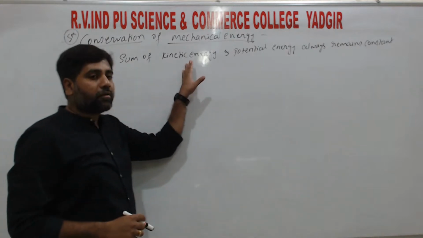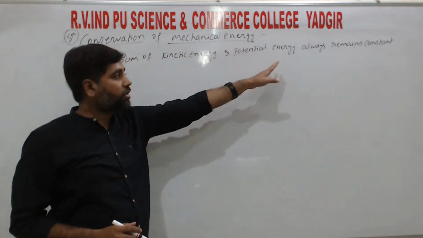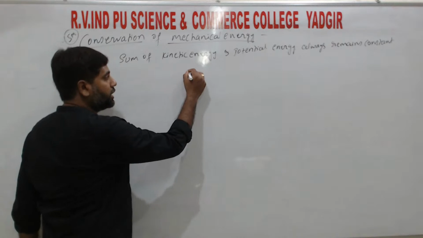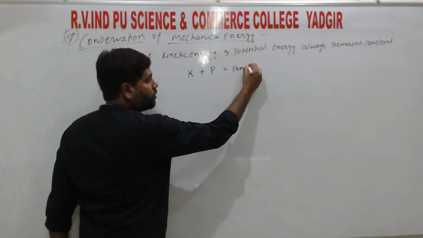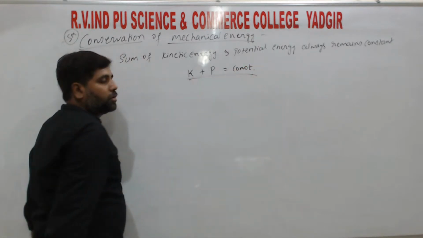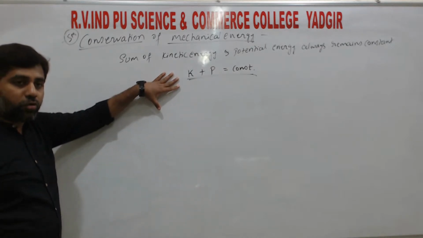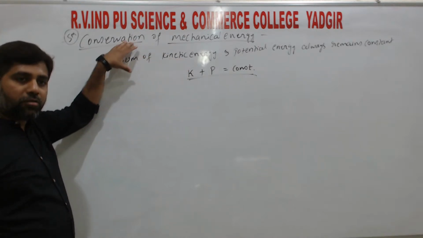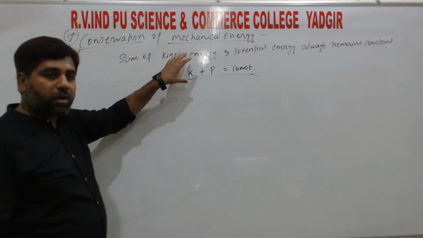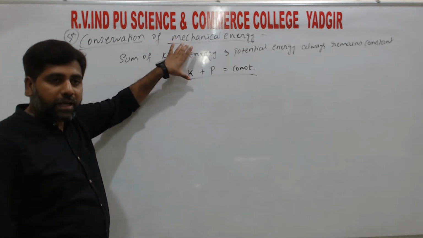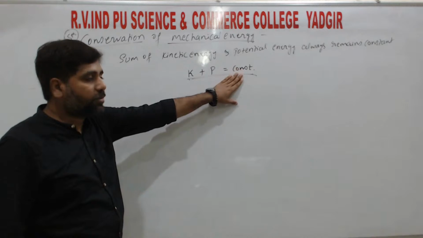So mechanical energy means we have the kinetic energy and potential energy. The sum of the kinetic energy and potential energy always remains the same, that is, kinetic energy plus potential energy equals some constant. In any case we consider, there can be conservative forces, right? Conservation of mechanical energy is obtained only if we prove it with conservative forces, right? So in that case, the kinetic energy and potential energy of the object always remain constant.